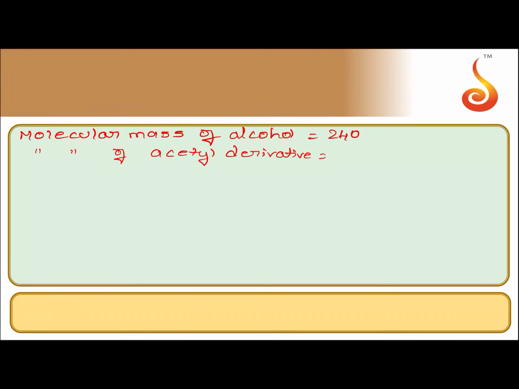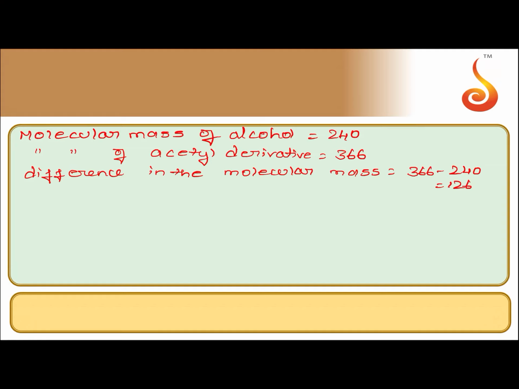Acetyl derivative of alcohol, it is 366. What is the difference in the molecular mass here? Difference in the molecular mass is 366 minus 240. That is 126.